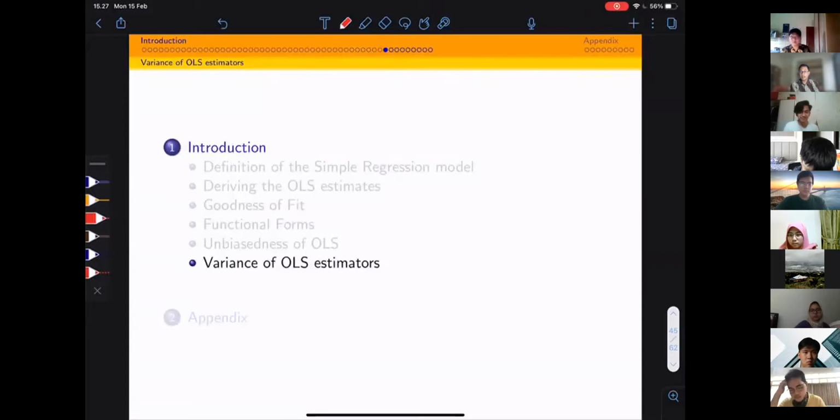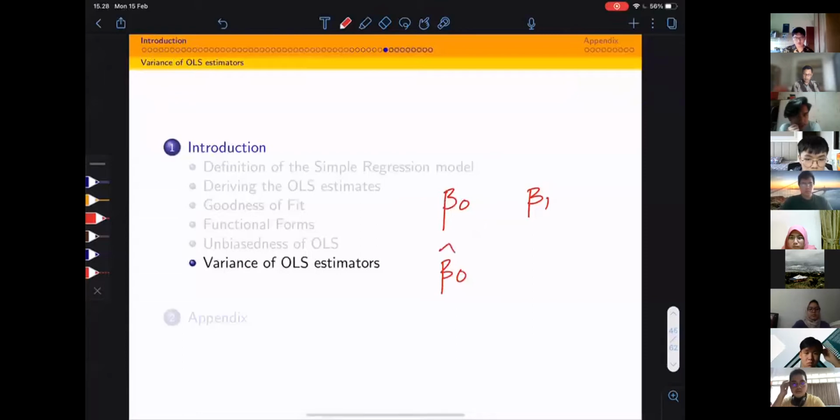All right. So far we discussed a lot about the estimation and the unbiasedness of beta 1 hat. Recall that we have beta 0 and beta 1 from the population, and given a random sample of data and some assumptions, we were able to estimate beta 0 hat and beta 1 hat.